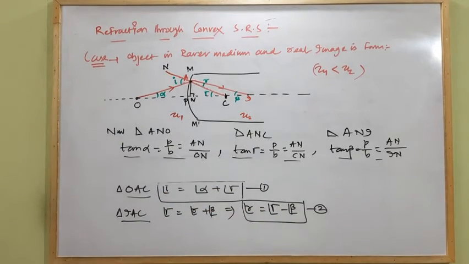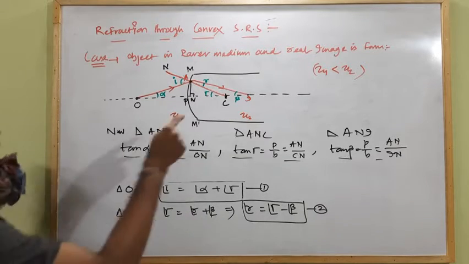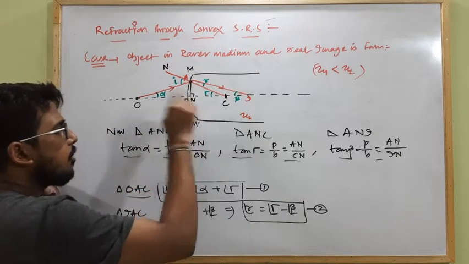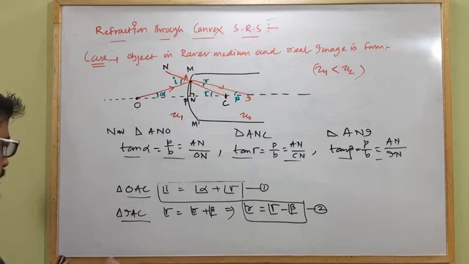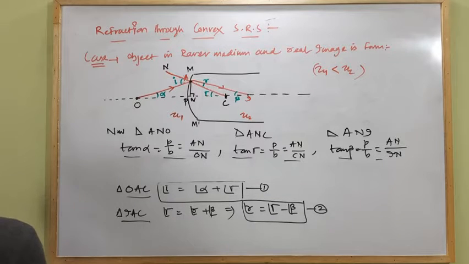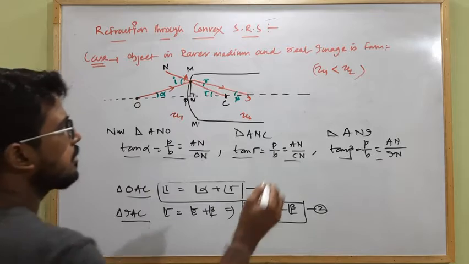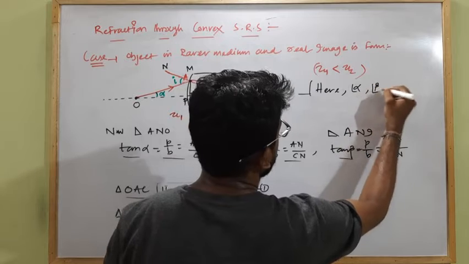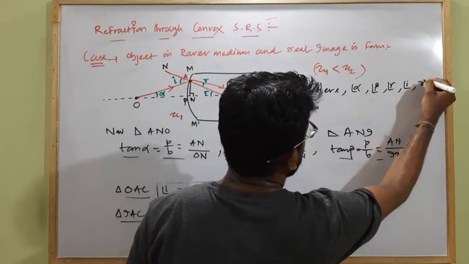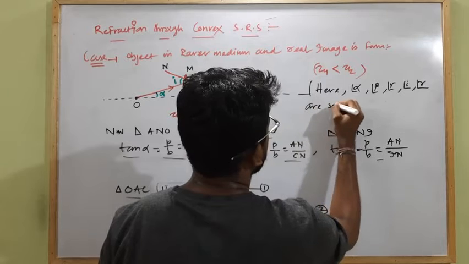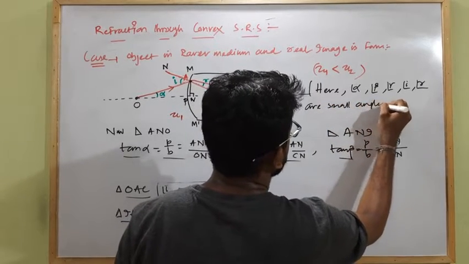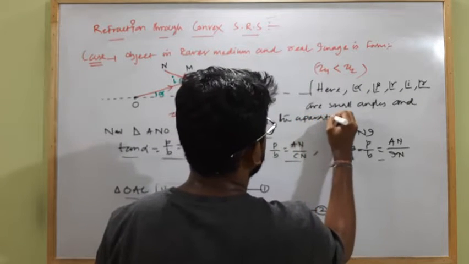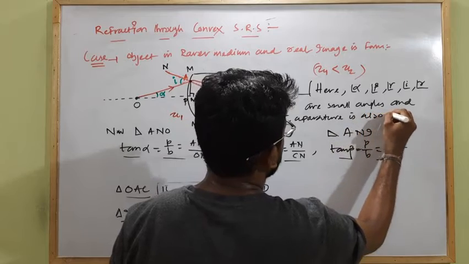Clear? So now here all the angles I, alpha, beta, gamma are very small, and also the aperture of the spherical refracting surface is small. So now we can write, here is the condition, alpha, beta, gamma, angle I are small angles, and the aperture is also small.